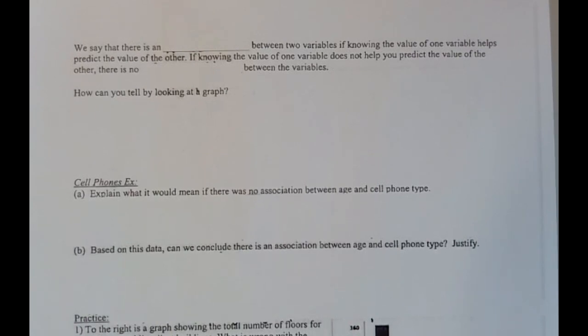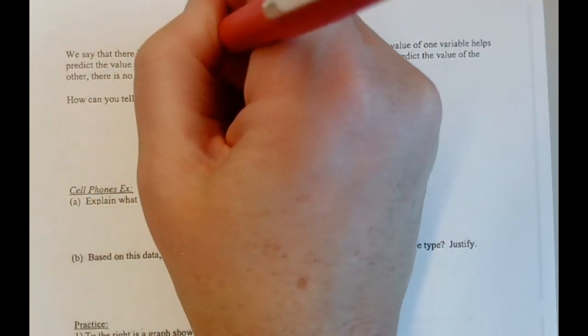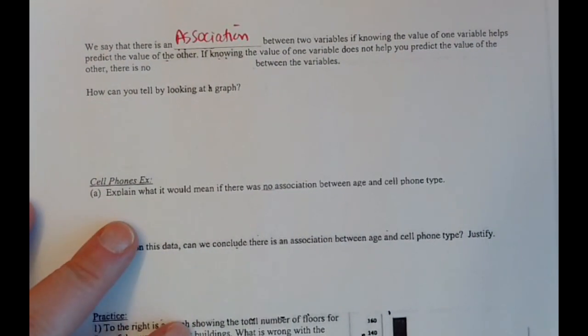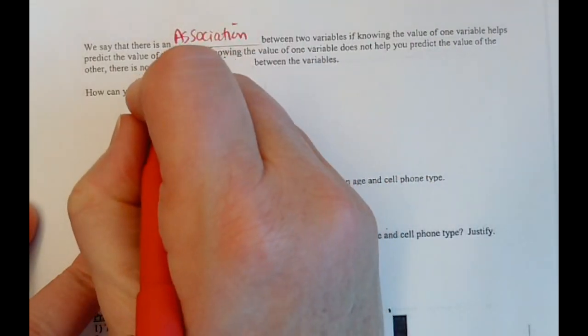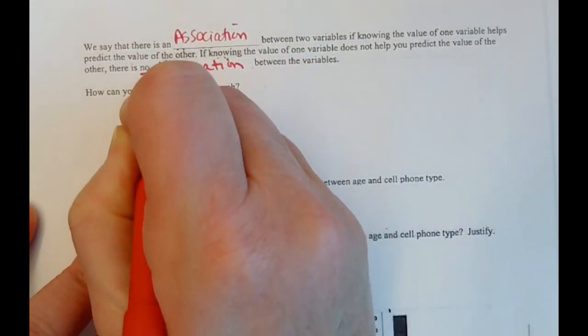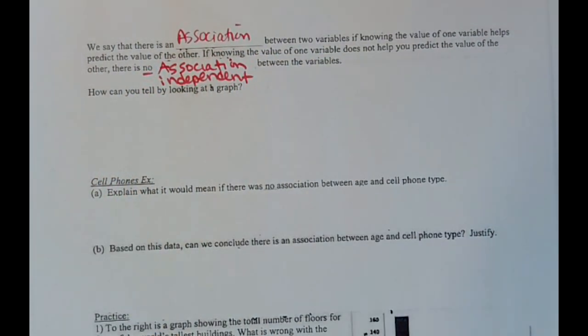When two variables, if we know the value of one variable and it helps predict the value of the other, that's called an association. That means there's an association between the variables. If there is no association, that means it's independent. It means they don't affect one another.